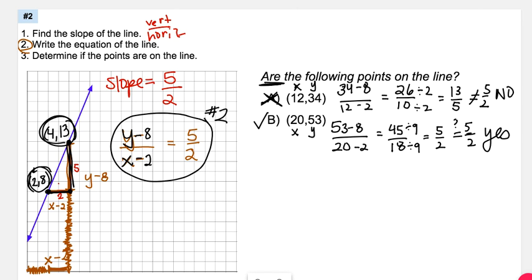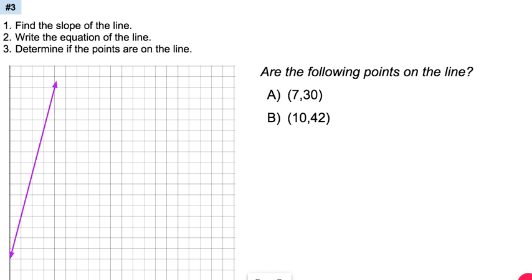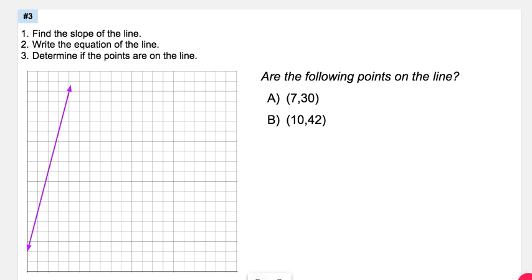All right, number 3. Same thing. Start with the slope of the line: vertical over horizontal. There are my 2 points I'm picking.